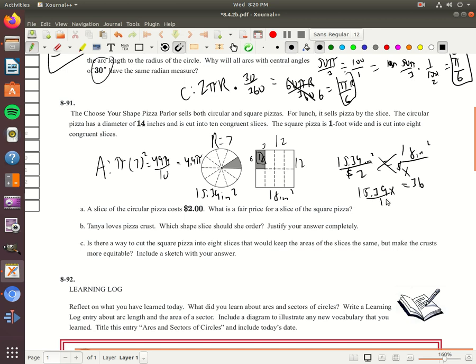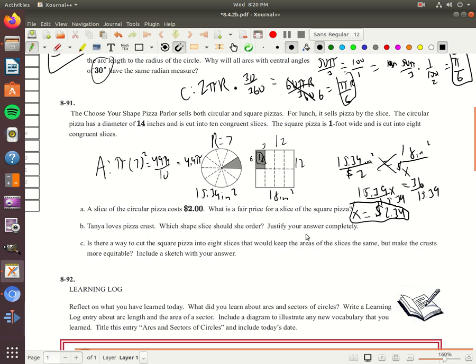I'll divide by 15.39, and x is going to equal 36 divided by 15.39, and I'm going to get 2.34. So if we're going to be consistent in our pricing, this should cost $2.34 if this costs $2. And again, if you kind of compare that, if they were both charging $2, you should take the square pizza every time, even though it's the wrong shape. It's more pizza.